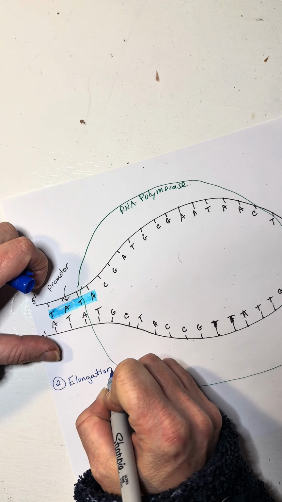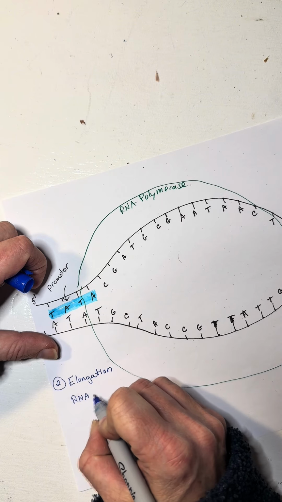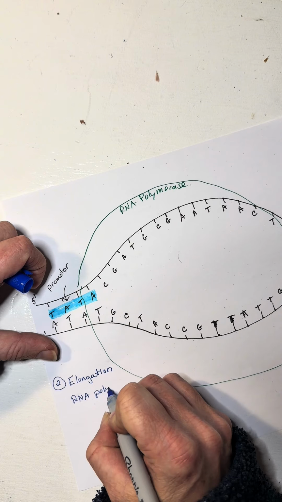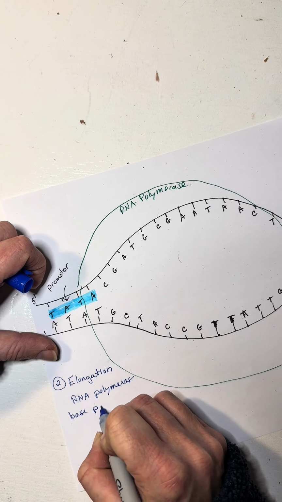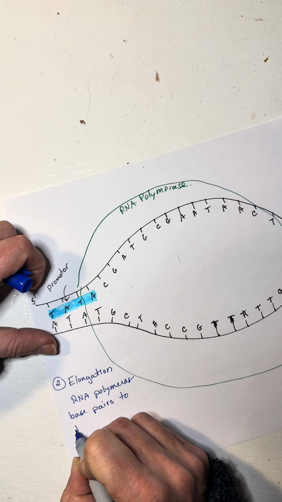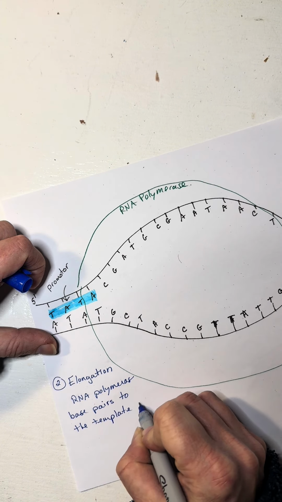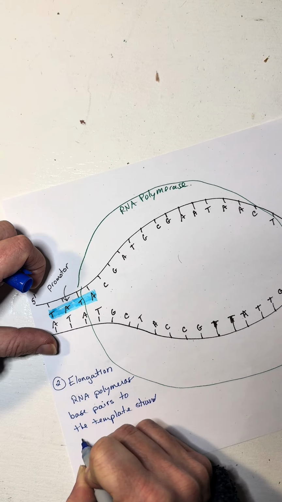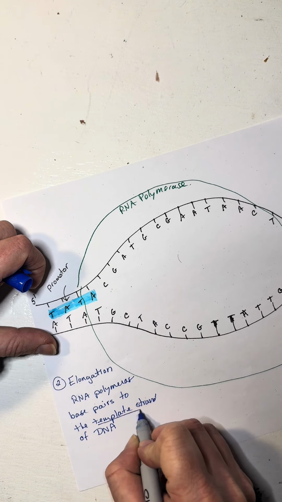And this is all about base pairing. So in elongation, RNA polymerase base pairs to what's called the template strand of DNA. We'll come back to this word template in a minute.